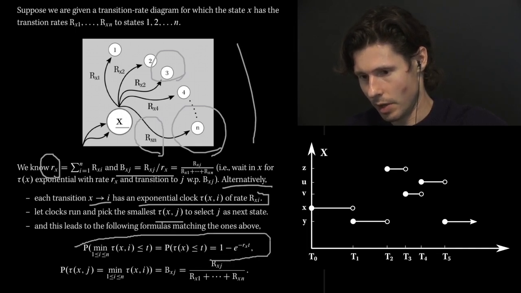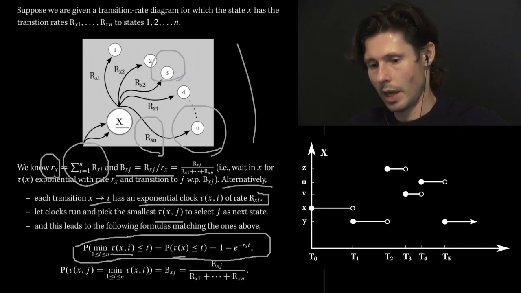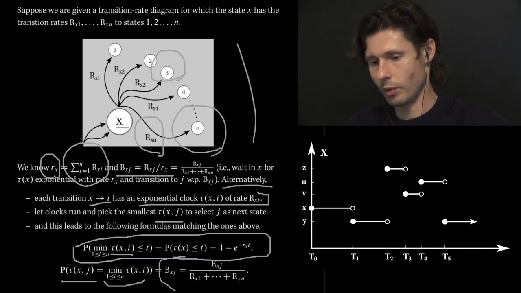And so this probability right there is easy to come by. It says that the minimum of all of these exponential clocks is the same thing as one clock with rate that's the sum of them. And on the other hand, if we want to determine that clock j, meaning tau xj, is literally equal to the minimum of all of these, that's going to turn out to equal the embedded chain transition probability to j.